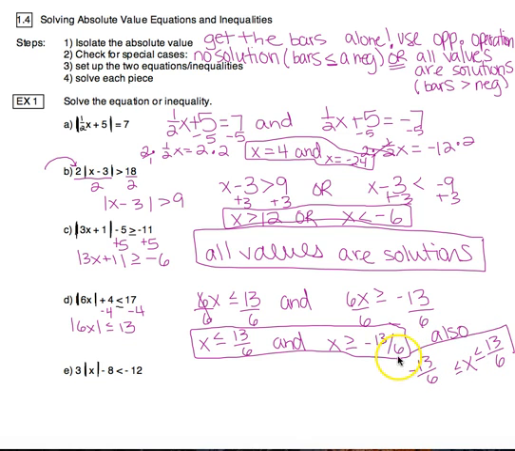So you can write this answer either way, but the quiz will want to make sure that you know both, that you know that these are the same, and that you can recognize the answer written as an inequality sandwich and as two separate pieces.